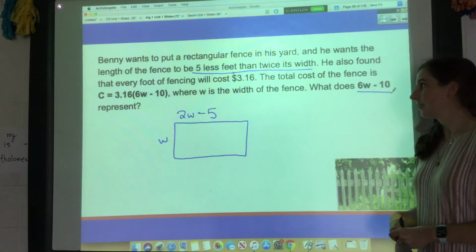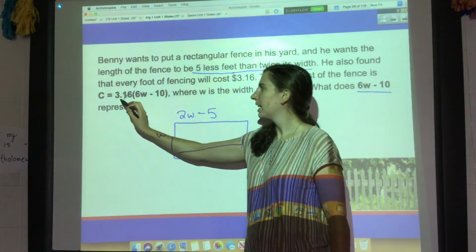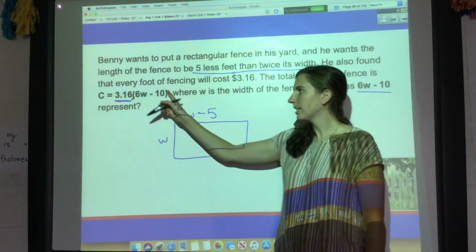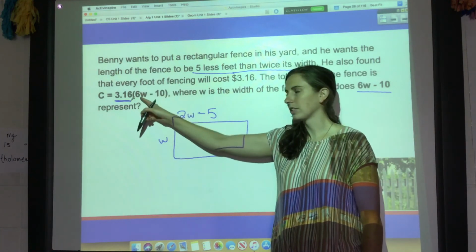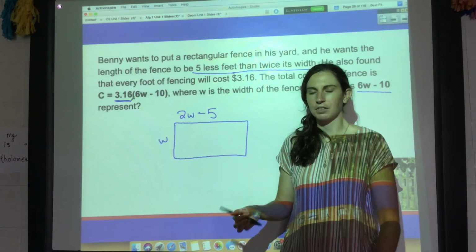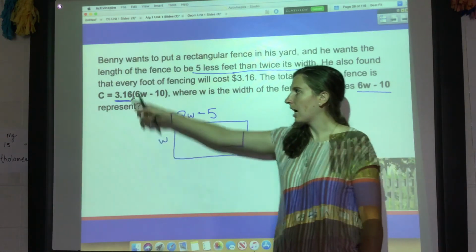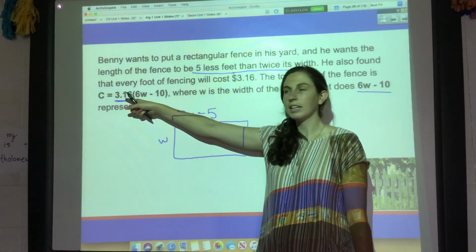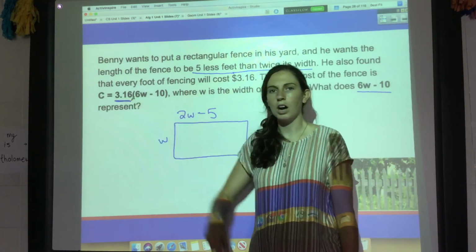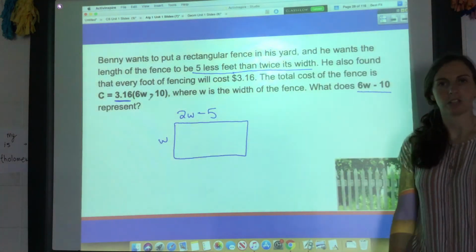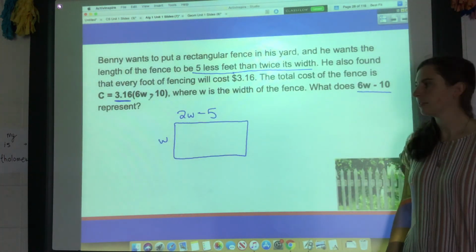I'm guessing that since this is the cost per foot, this is going to represent how many feet I have of fencing total. If I have this much fencing times the cost per foot, that would give me the total cost. So that's what this represents, the total amount of fencing that I need.